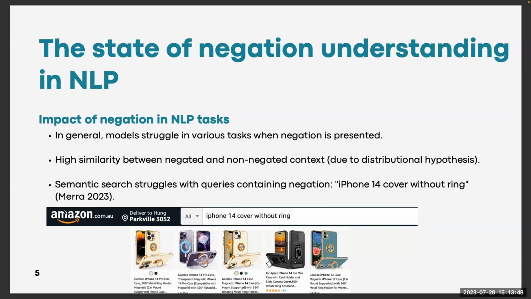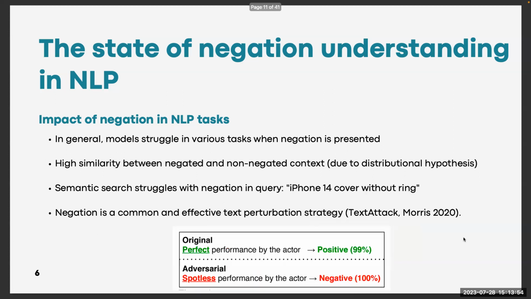Here is an example that I just tried a few hours ago on Amazon. Another thing is that negation has been shown to be a common and effective way to construct adversarial samples.